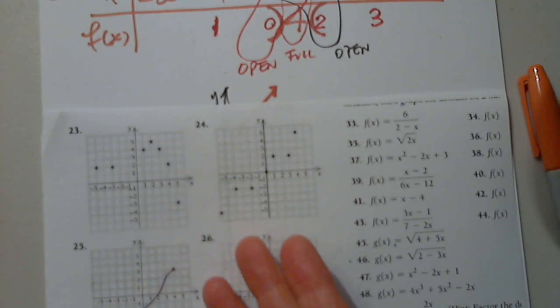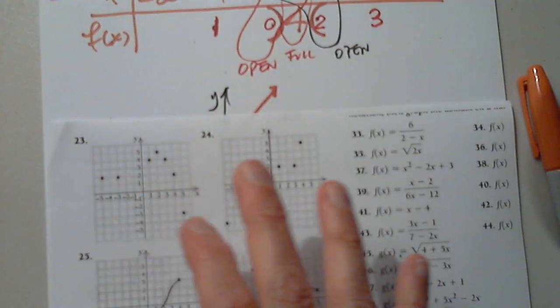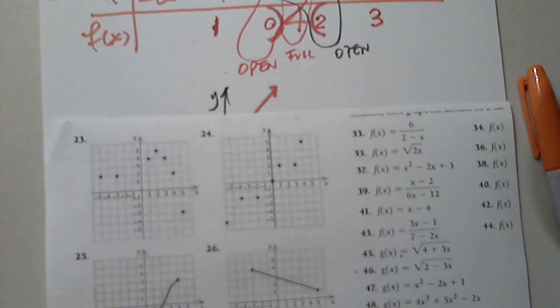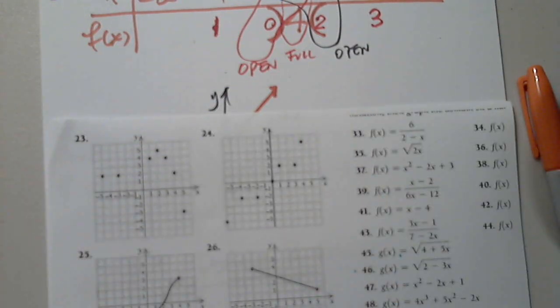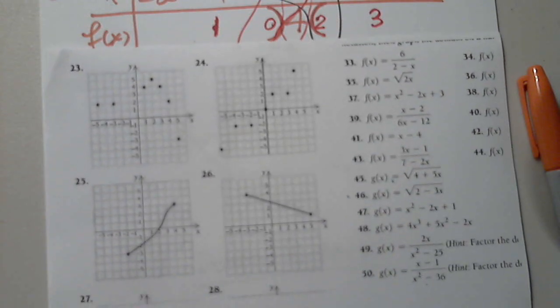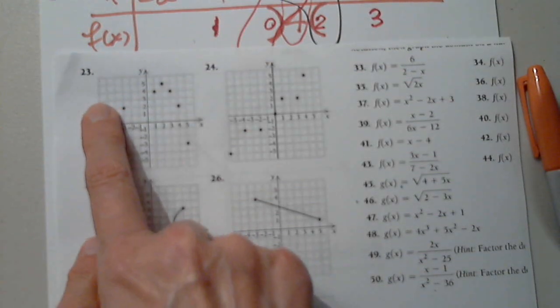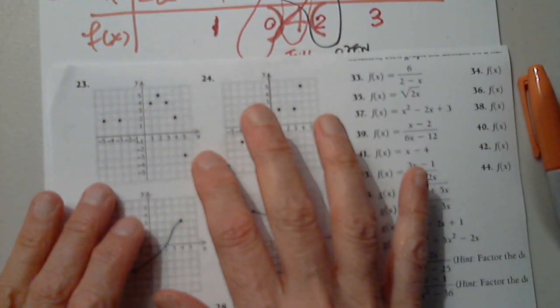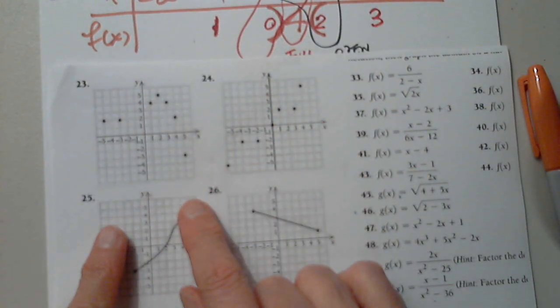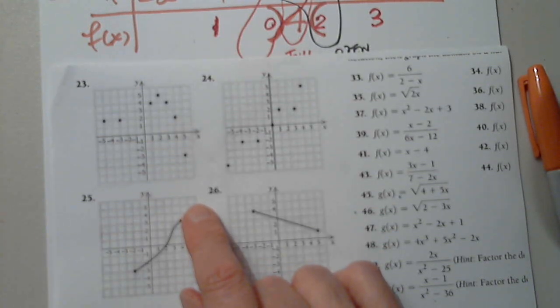So let me know if you'd like to choose from here. 23, 24, 25, 26, 27. Oh, these are gone. So from these four. Let's choose 23. Perfect. Can you see? Is it big enough for you? It's a decent size. Is that okay?